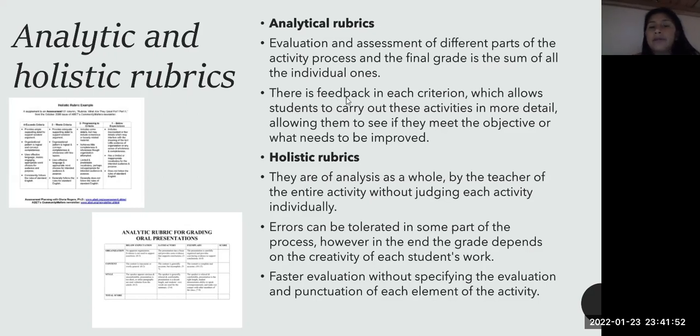There is feedback in each criterion, which allows students to carry out this activity in more detail, and allows them to see if they meet the objective and what needs to improve. And the next is holistic rubrics.